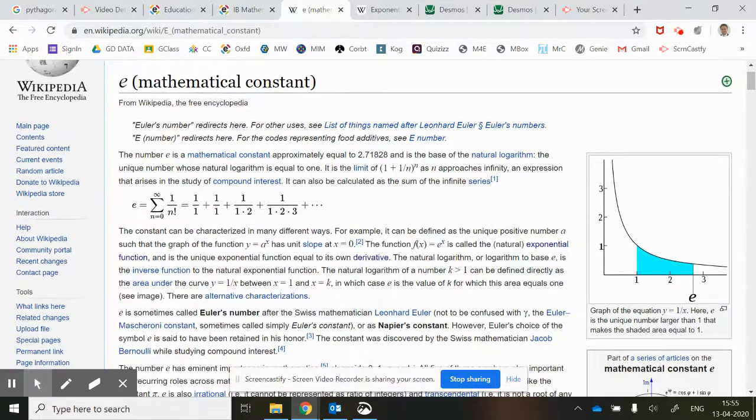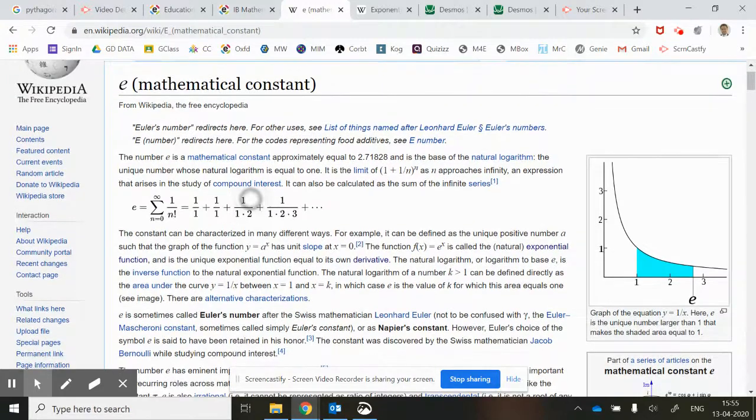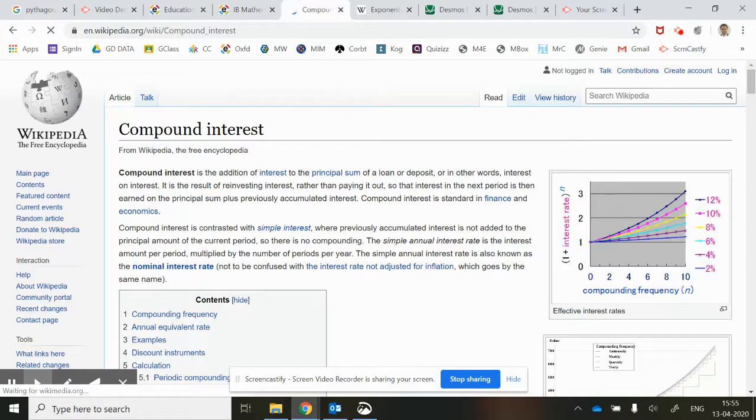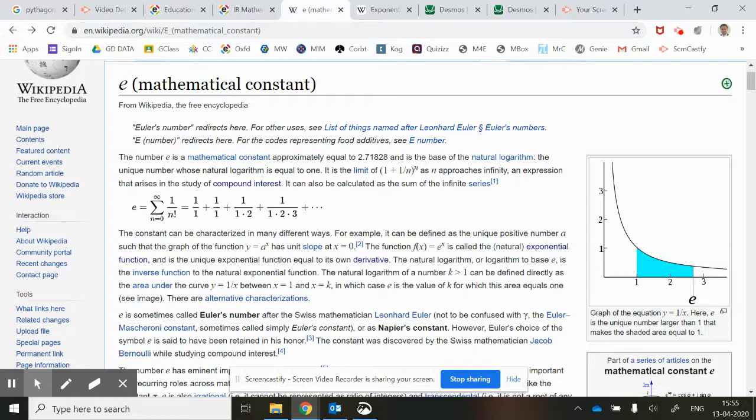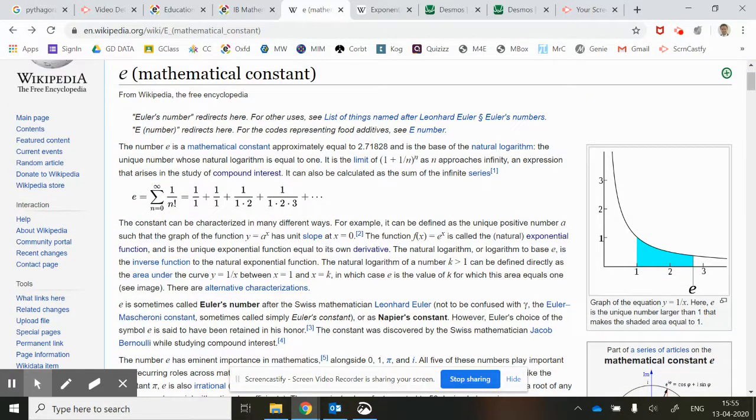What's quite interesting about this number is that if you do 1 over 1, plus 1 over 1 times 2, plus 1 over 1 times 2 times 3, and so on, and you sum that and tend it to infinity, then you're getting a term at the end which is extremely small and adding almost nothing, so you get close to this number here.